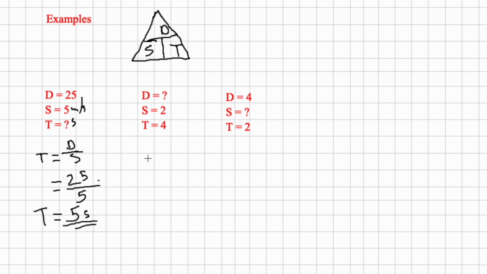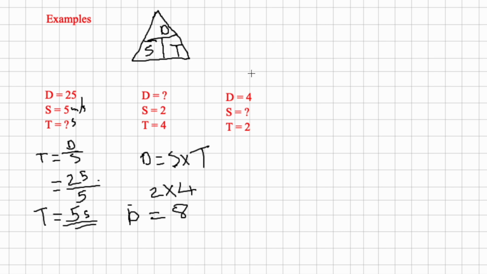So distance equals speed times time. That would be 2 times 4, giving us distance equals 8.